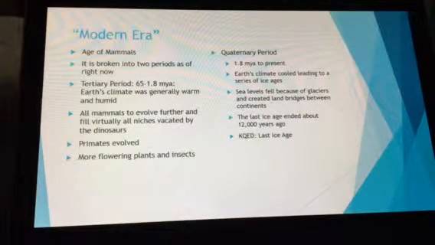And we know that the last ice age was about 12,000 years ago, and we're quickly facing another one, which becomes a little bit of a problem. And so when we think about this last ice age, this is where we had our mammoths.